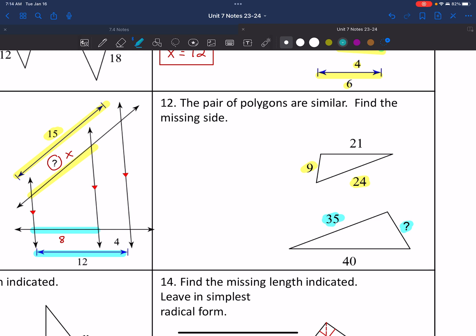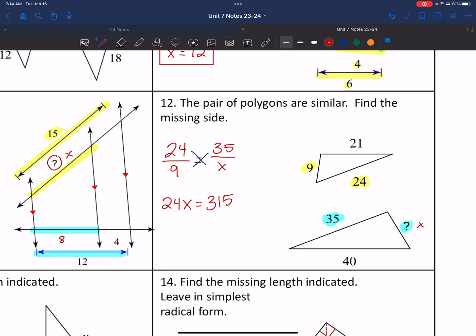All right? So I can say 24 over 9 equals 35 over x. And so if I want to get rid of the fractions, I cross multiply. So I'm going to have 24x is equal to, I think it's 315. Yeah.